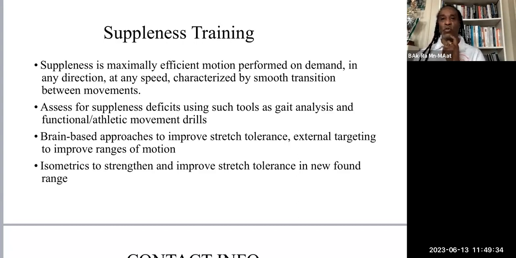And then to deal with improving that suppleness in various joints and movement patterns, we'll use brain-based approaches to improve stretch tolerance, external targeting to improve ranges of motion, isometrics to strengthen and improve stretch tolerance in newfound ranges. So these are the tools that one would use from an applied neurology movement conditioning for the cricket athlete.